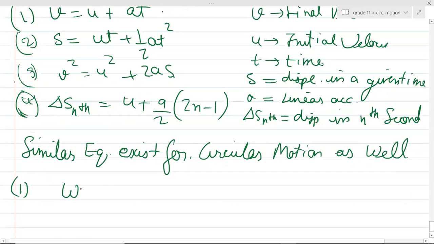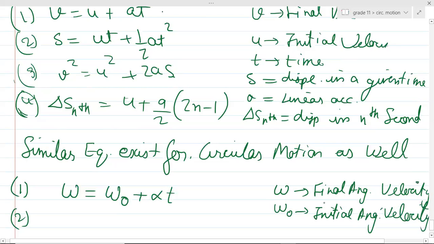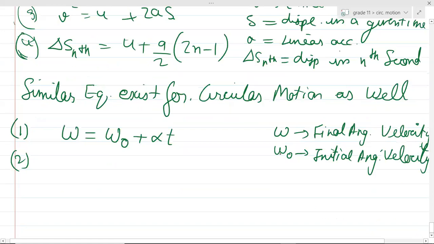The first equation is omega is equal to omega naught plus alpha t, where omega is the final angular velocity, omega naught is the initial angular velocity, alpha is the angular acceleration, and t is the time.